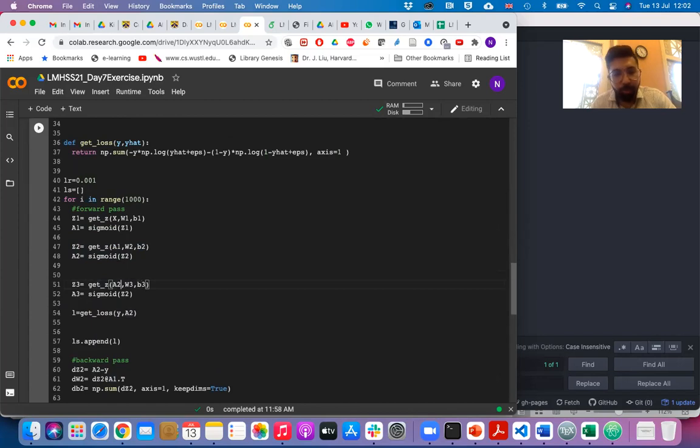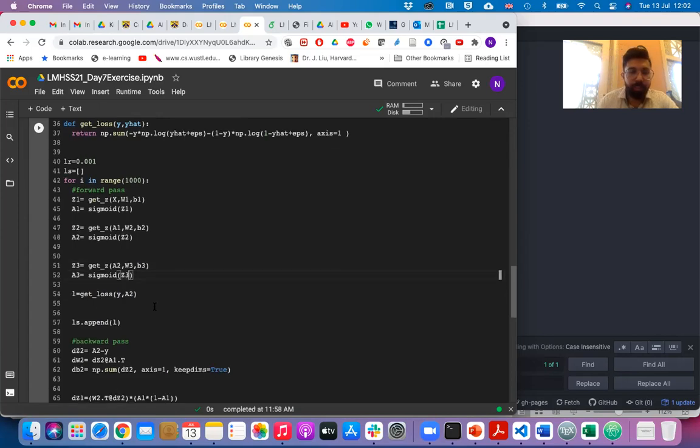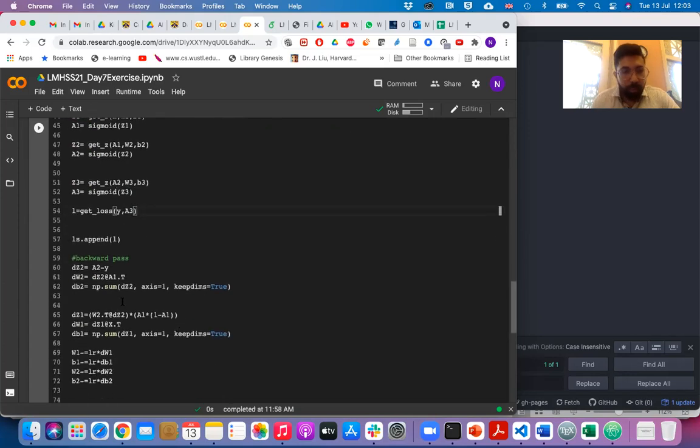So it's the output of the previous layer, which is A2, weights of the current layer, which is W3, and B3. And this is just this. Loss would be the loss of this. Now, the first thing that I would need to calculate is dZ3. What would happen here? How should I change it? So what would be dZ3 equal to?